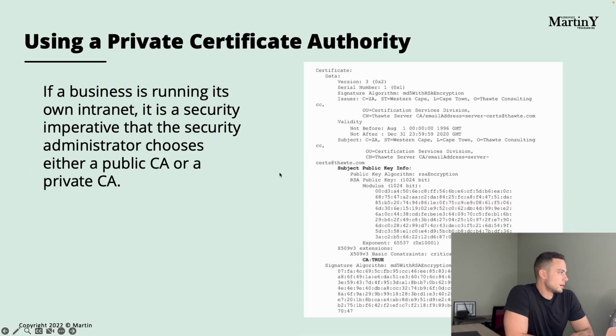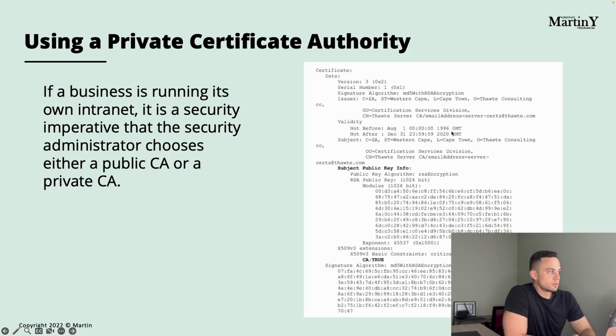This is a typical way a certificate looks. You can see that we have the version, the serial number, and some information about the issuer, so who issued this certificate.